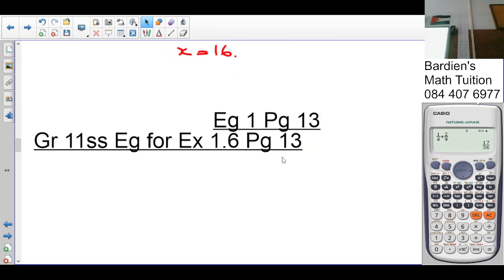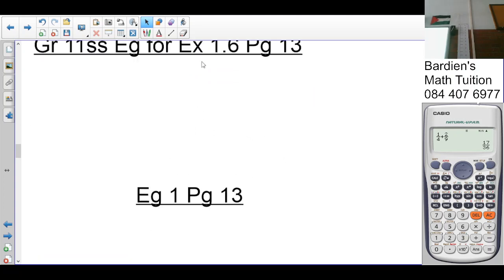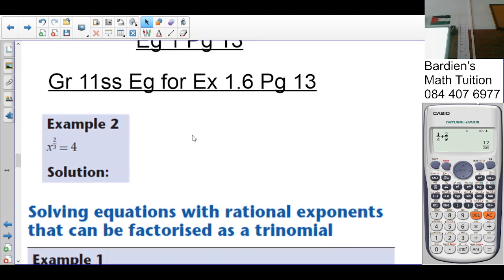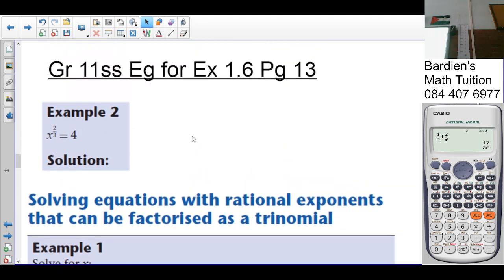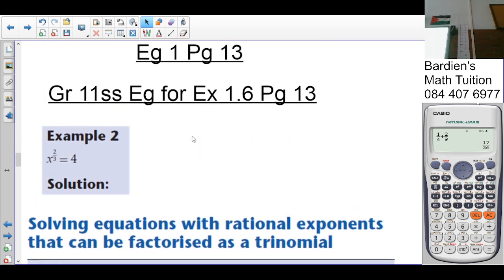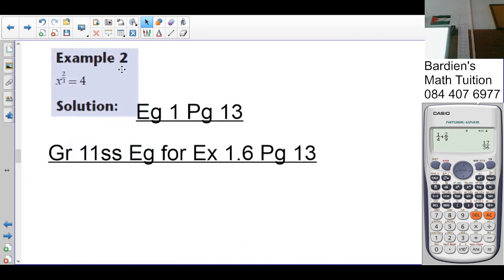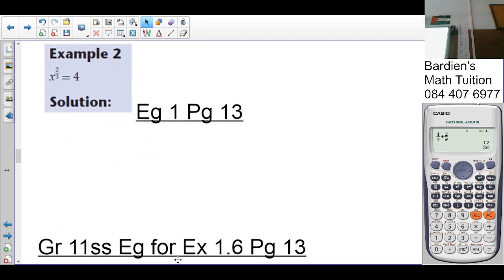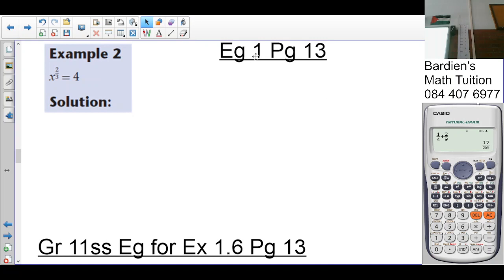Look at example 2 on page 13. So here we are told to solve for x. We have x to the exponent 2 over 3 equals 4.